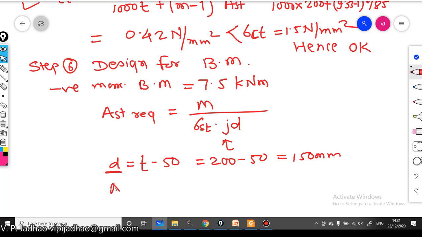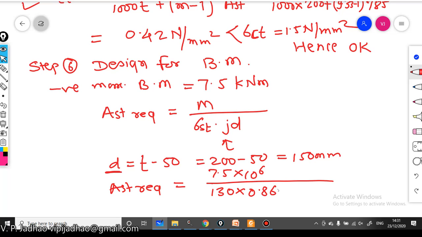So this AST required will be equal to M, that is 7.5 into 10 raised to power 6 Newton mm, divided by sigma st. We already know this value, that is 130 Newton per mm square. j we already calculated as 0.86, and the value of d we have just calculated as 150.